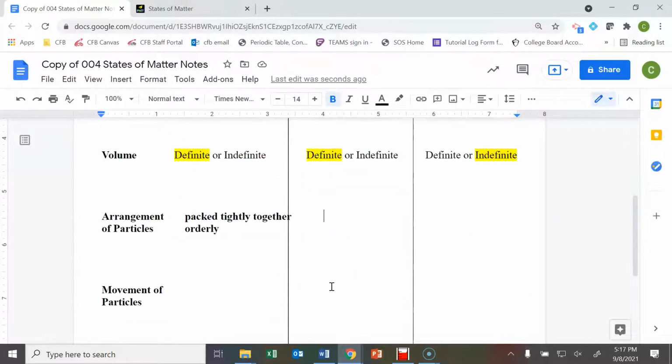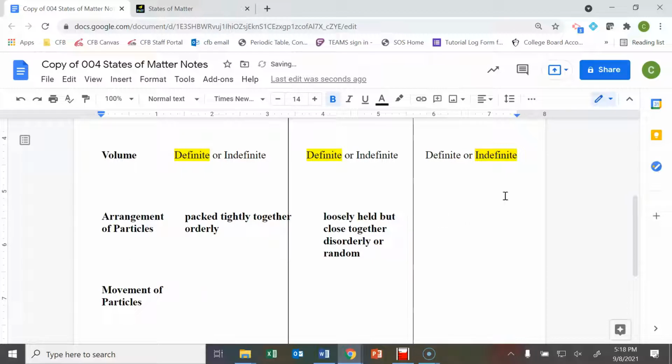So liquids, they're close together. They're loosely held, but close together. We could also say they're disorderly or random might be another word that you would choose to use here.